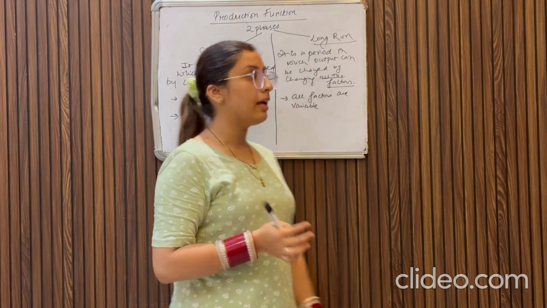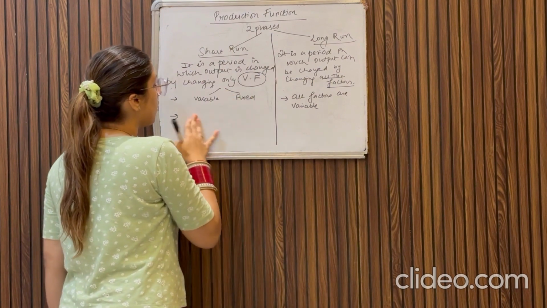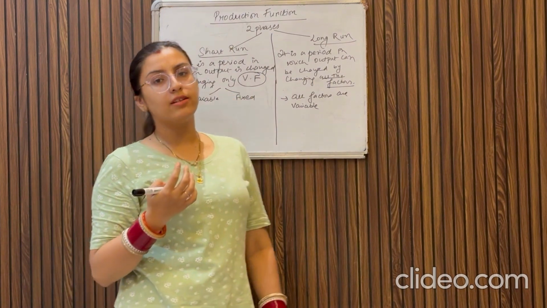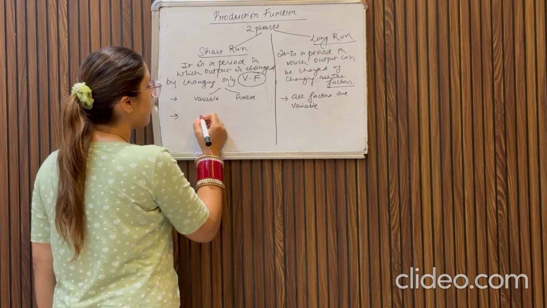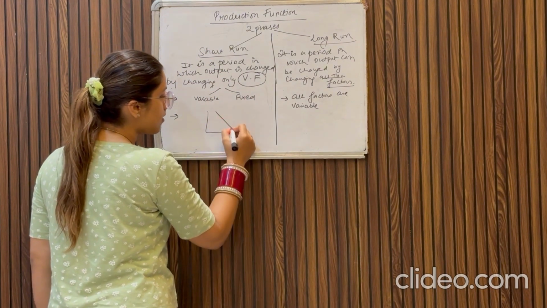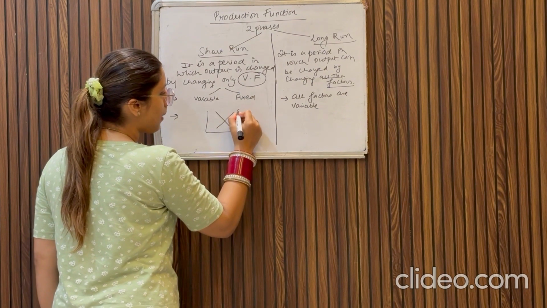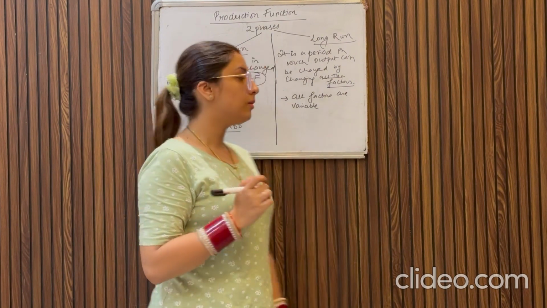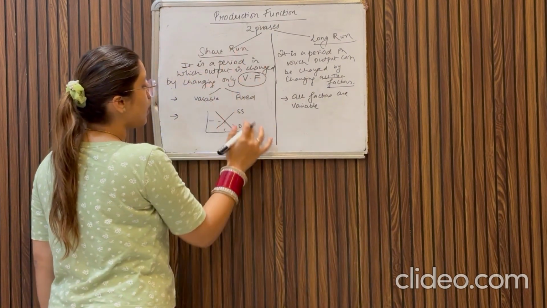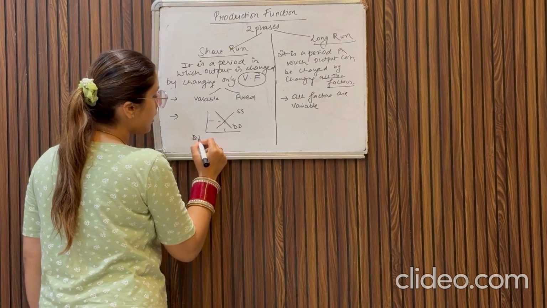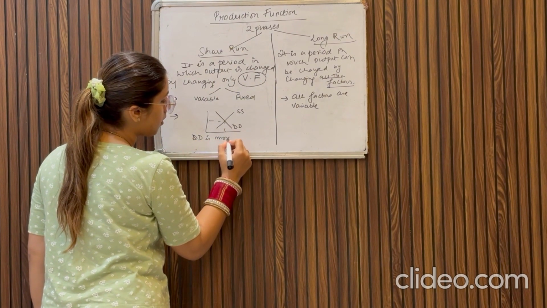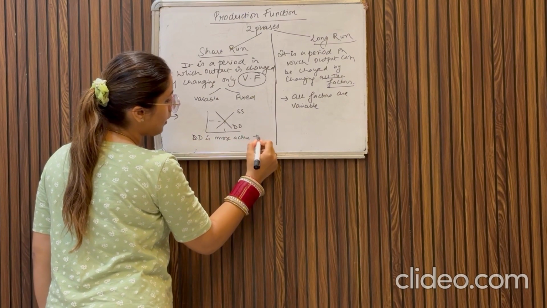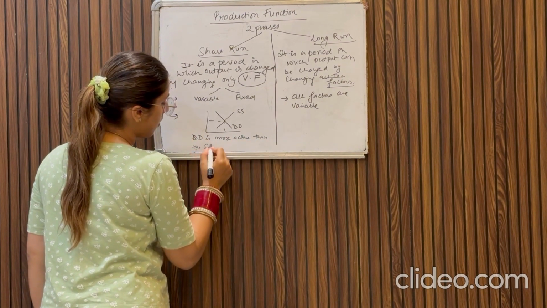Now the third point of difference between the short run and the long run is the concept of demand and supply. In the short run, demand is more active in price determination. We know that price is determined by the intersection of demand and supply. This is your demand, this is your supply, and the intersection of these will lead to the determination of price. But in the short run, demand is more active than supply.